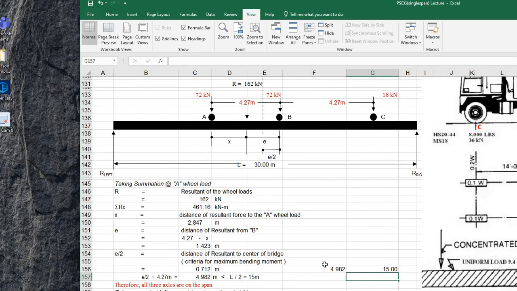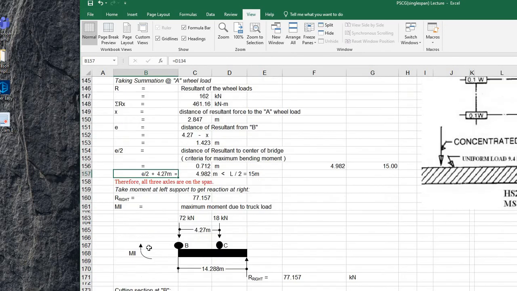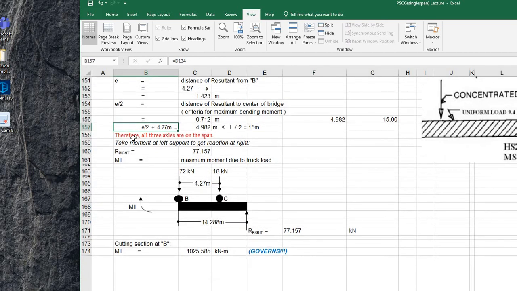So 4.98 is less than 15 meters, which is L over 2. This means all wheels are inside the bridge. Therefore, all three axles are on the span.